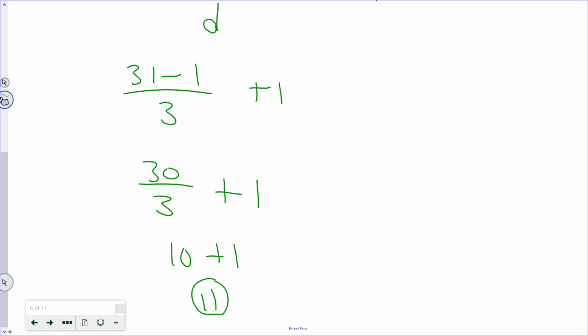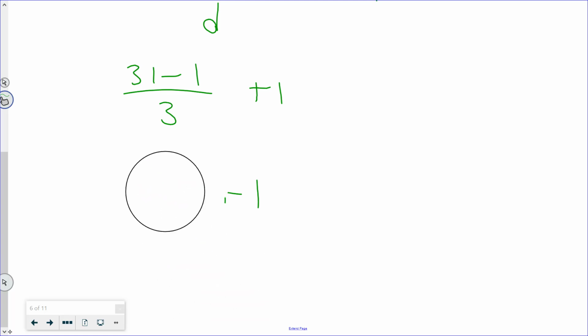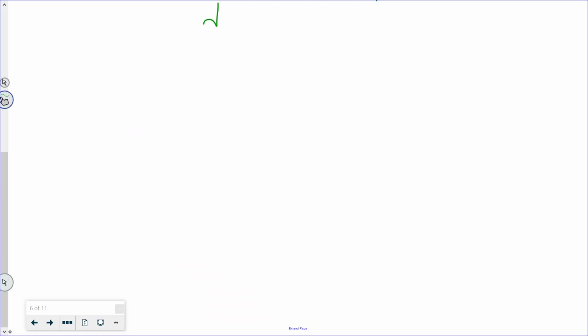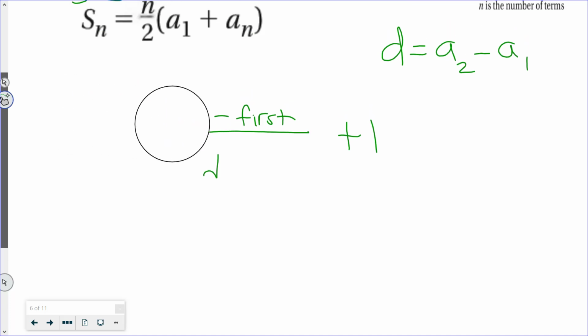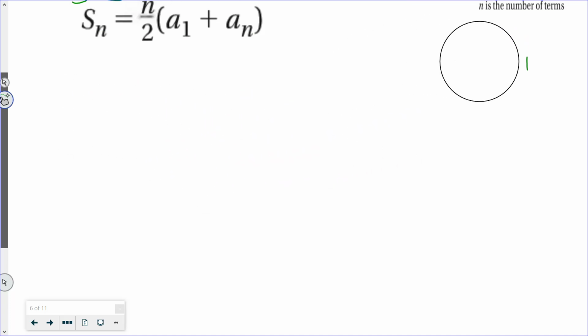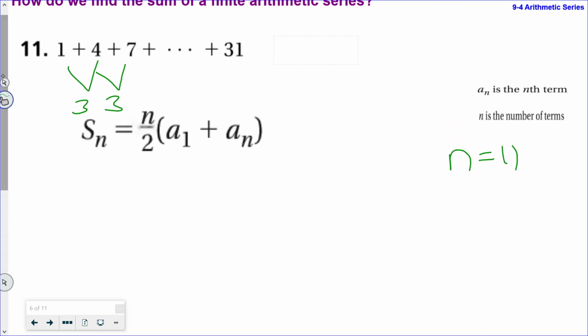Are you good? All right. So the number of terms is 11. N equals 11. So now we'll just take 11 and replace all of our n's with 11.